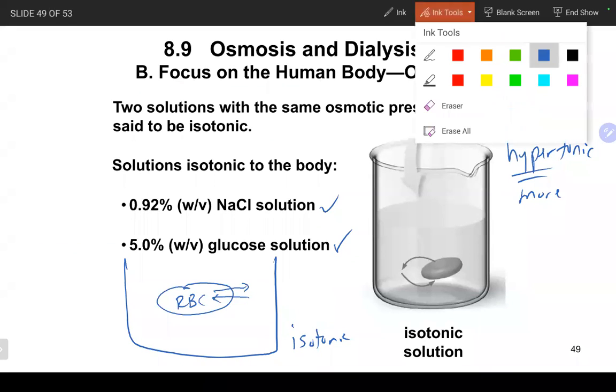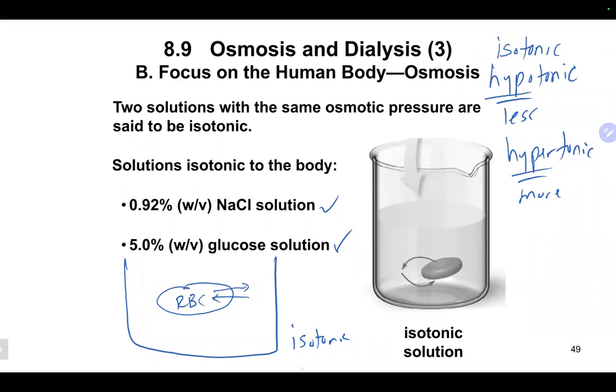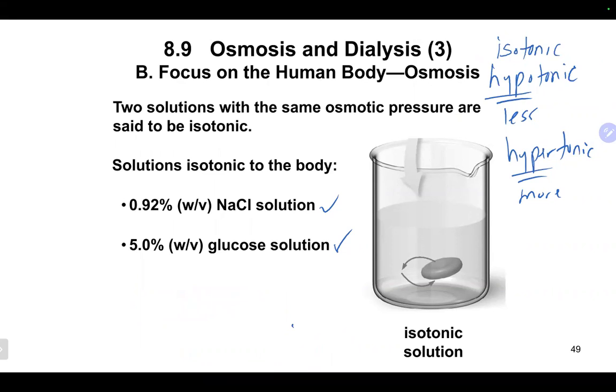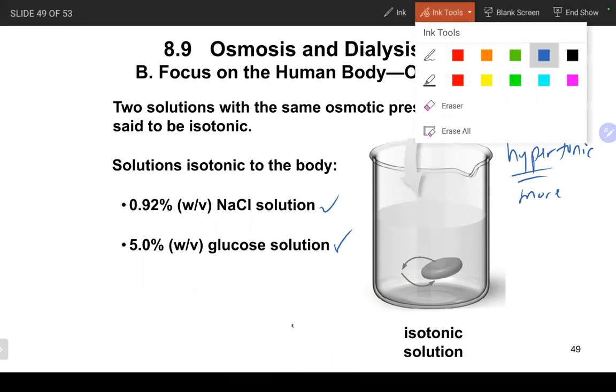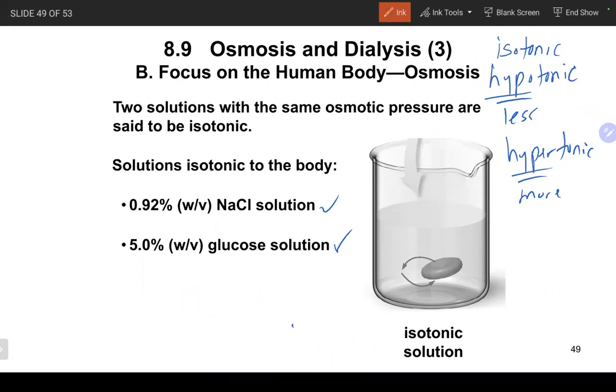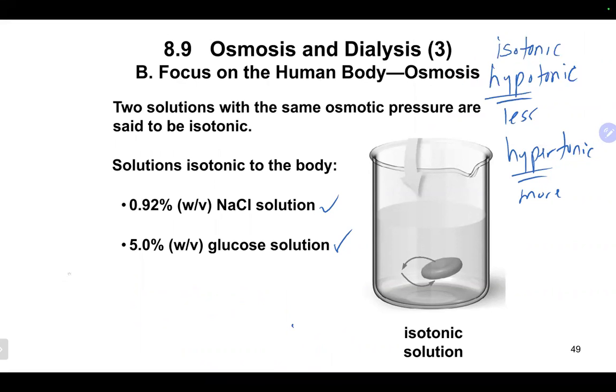For each of the following, decide: will this red blood cell shrink? Will it swell? Will nothing happen to it?